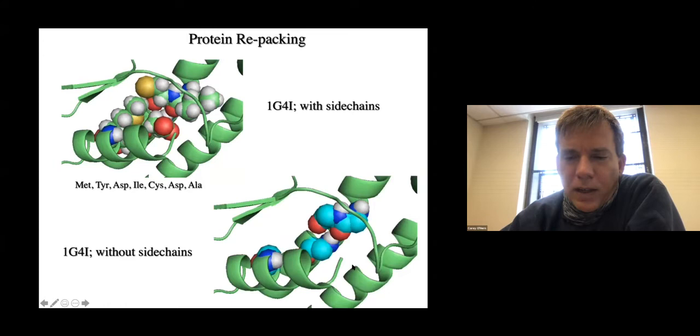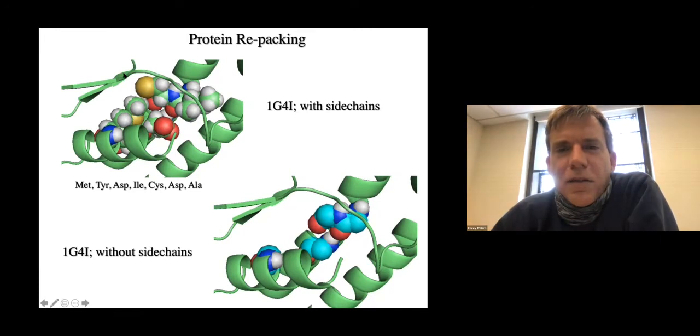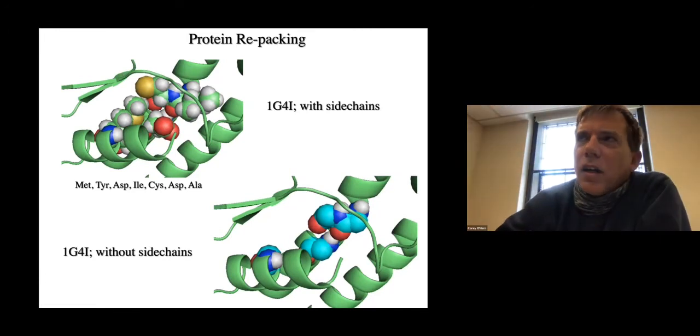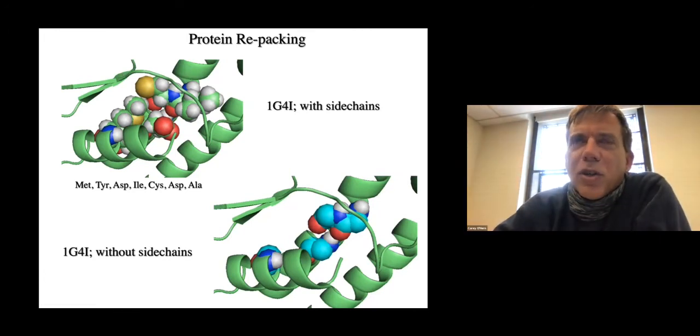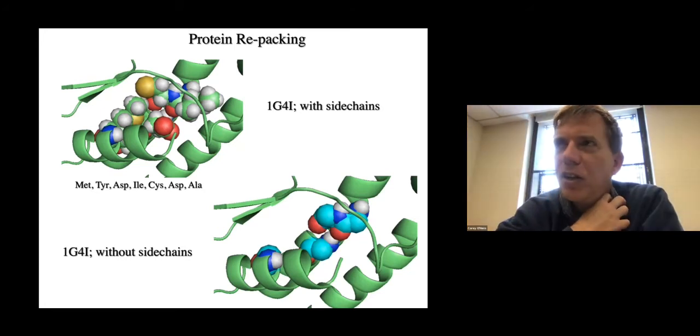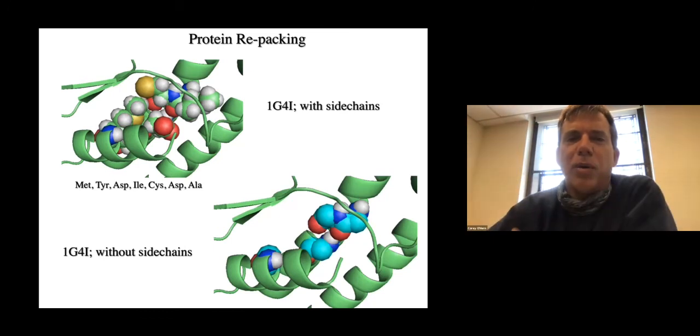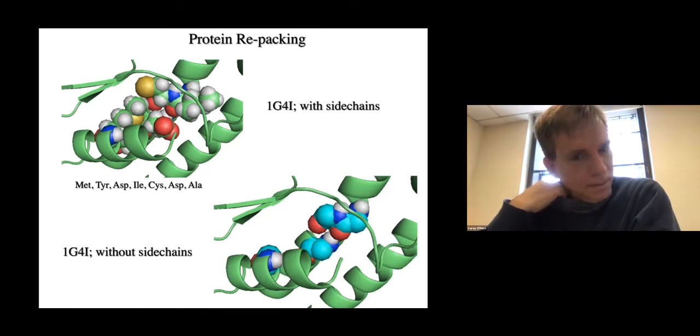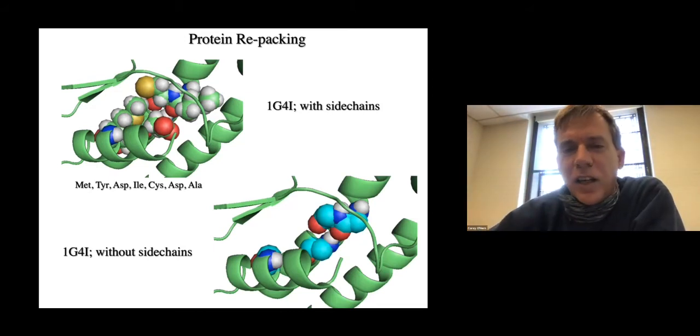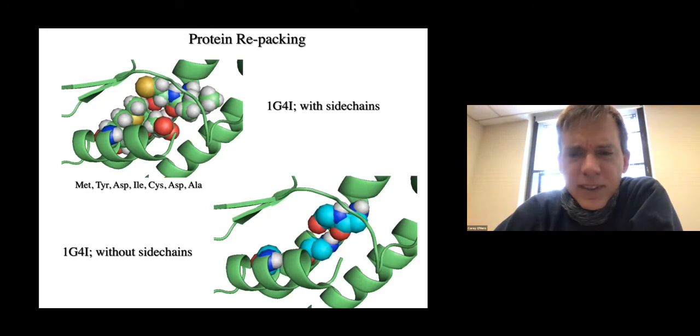I think this took off in the 90s, this idea of validating computational protein structure prediction software from this particular problem, and it's called the protein repacking problem. I'll first explain it just with a cartoon, and then I'll explain it in detail.